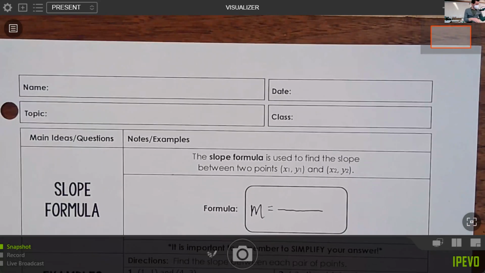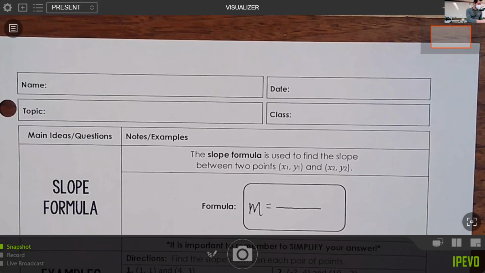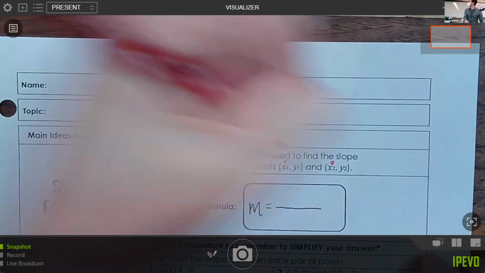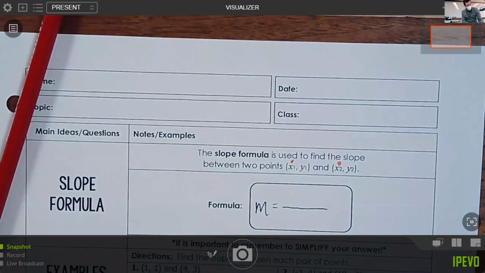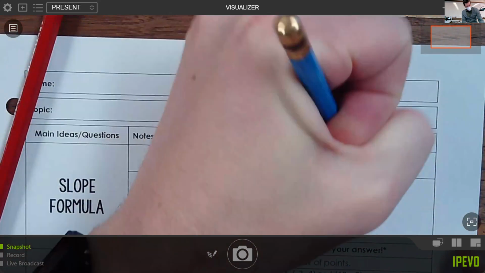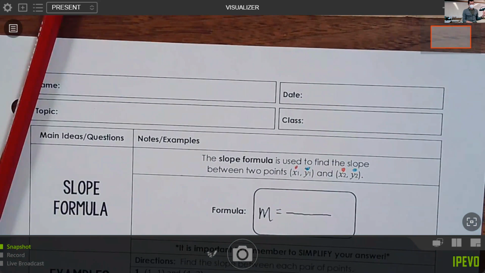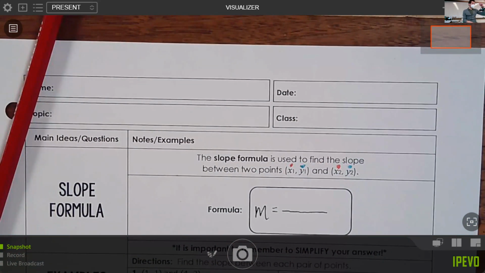And I'm going to use some colors to make these a little bit easier to see, and we'll be able to kind of match these up as we go through. So the x coordinates, I'm going to go with red. I'm going to use red for the x coordinates, and I'm going to use blue for the y coordinates. And so on the numerator, we saw yesterday that the numerator, the top number, was the rise, the change in the vertical values, which are the y values.